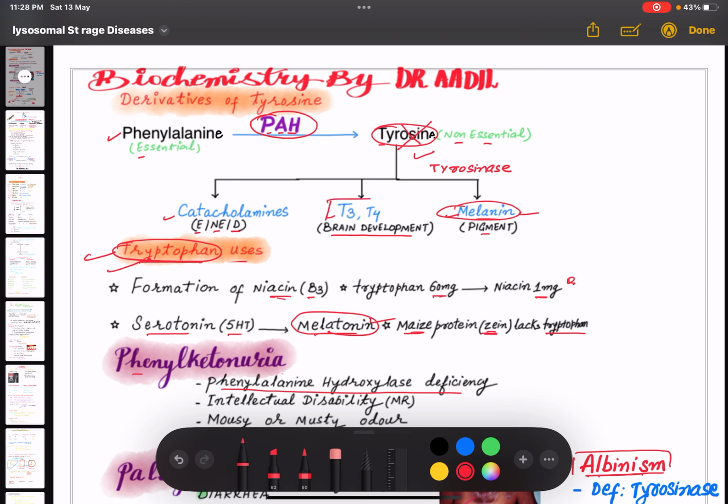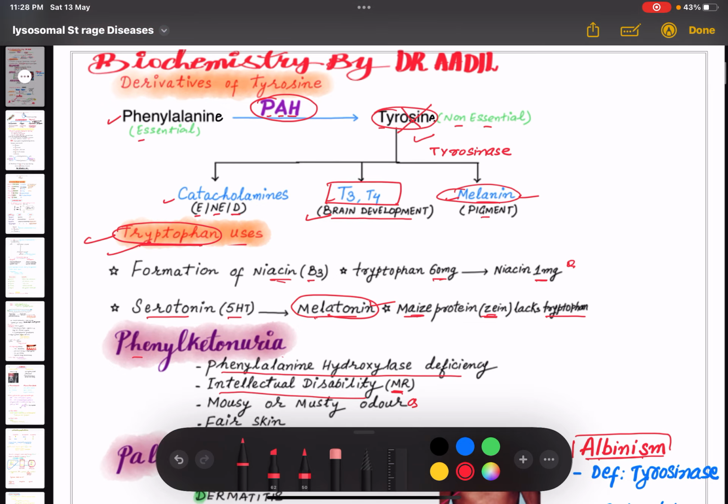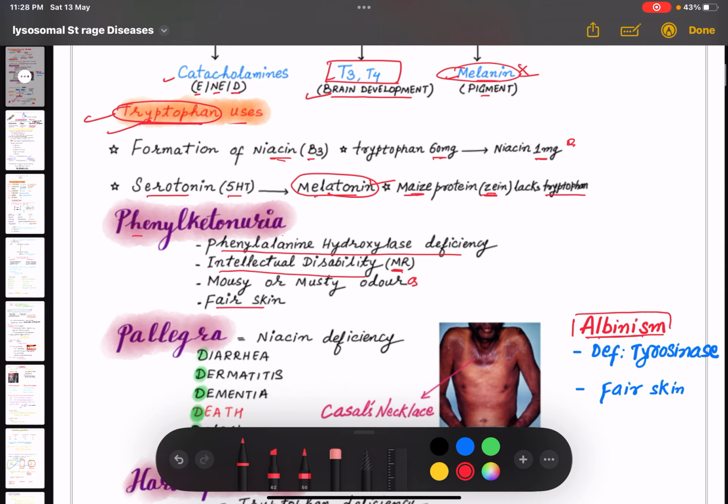If T3 and T4 are not formed, the patient will be mentally retarded, which is now called intellectual disability. The patient will have a mousy or musty odor. Also remember, the patient will have fair skin because melanin will not be formed. Fair skin means white skin.